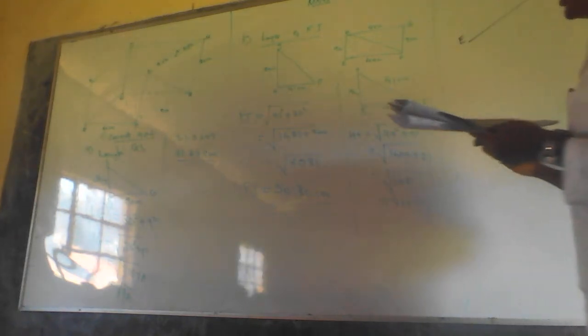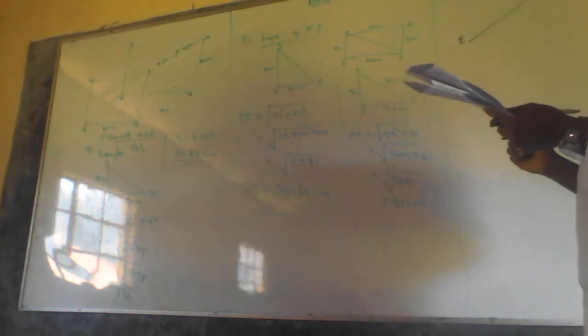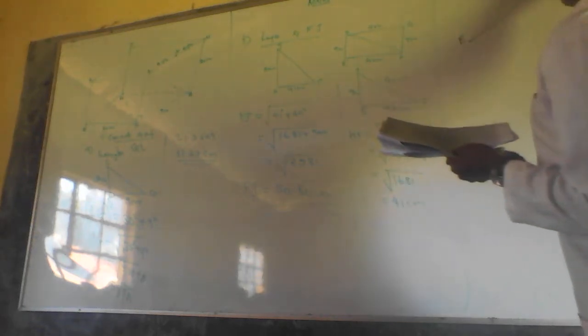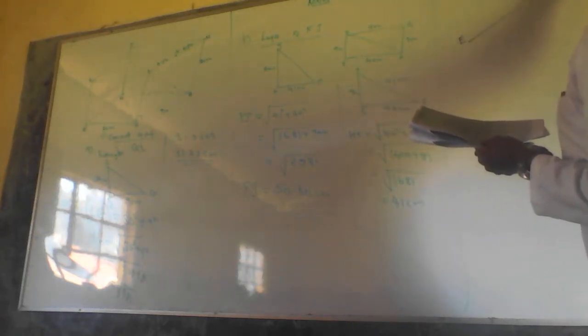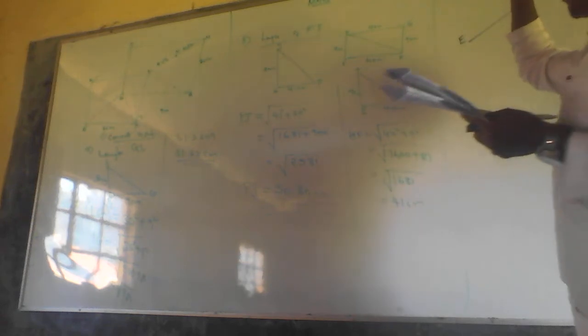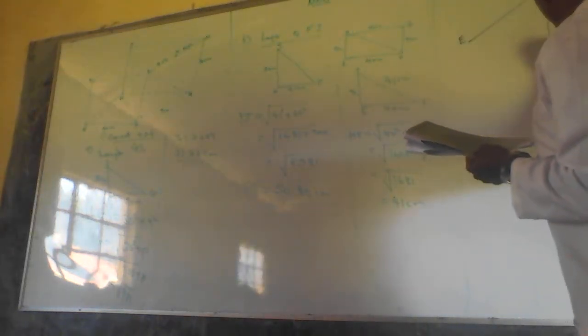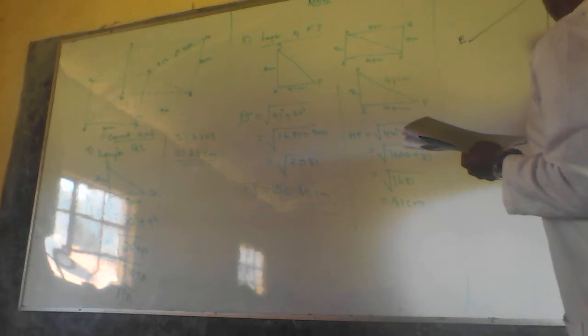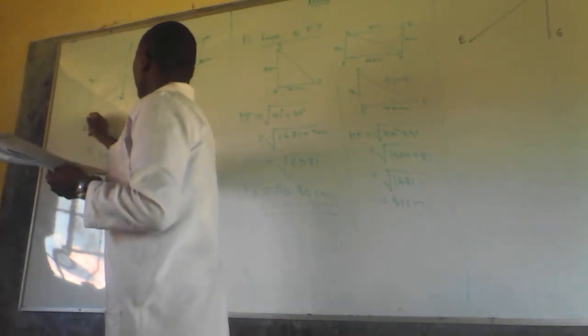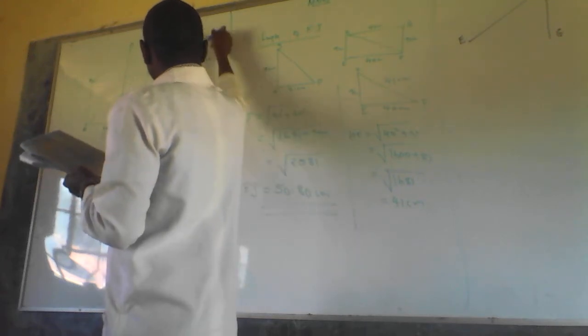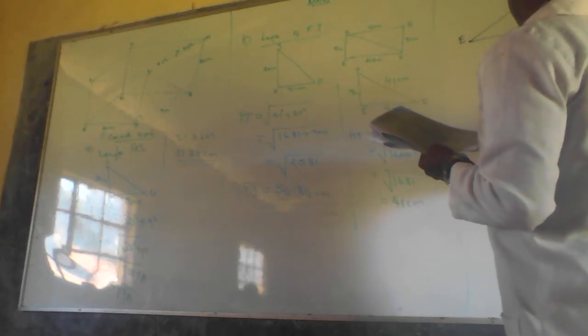Then from M, drop a perpendicular that will be meeting this plane EFGH at a point. If we are at M and we drop a perpendicular, it is going to meet what? G. And also from E, we draw a straight line to where we drop our perpendicular, so the two are going to meet at point G.